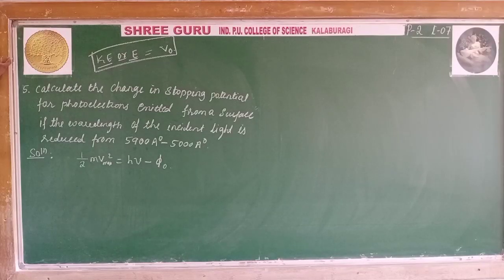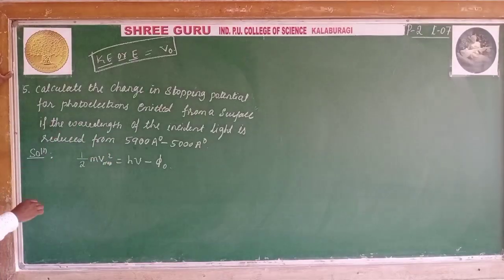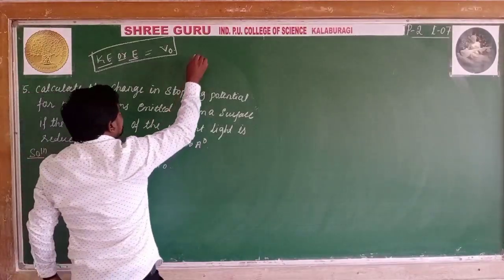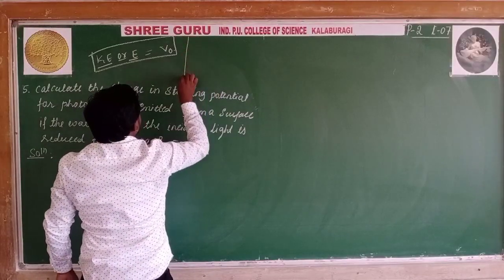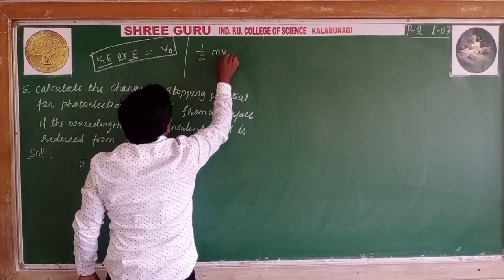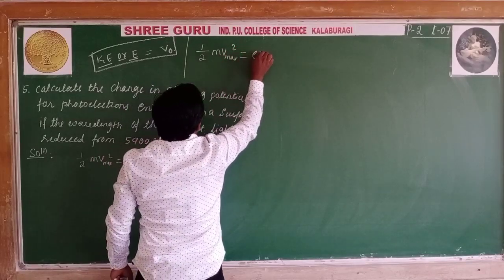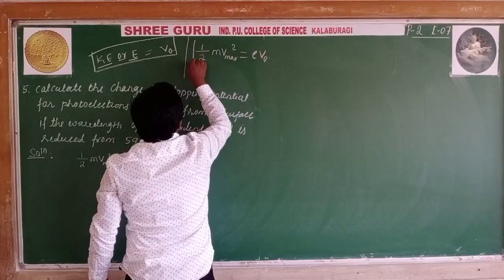Only if the energy is equal to the stopping potential is emission of electrons from the surface of a metal possible. Now we should convert that kinetic energy into the form e V naught. As in the printed notes, half m v square is equal to e V naught.